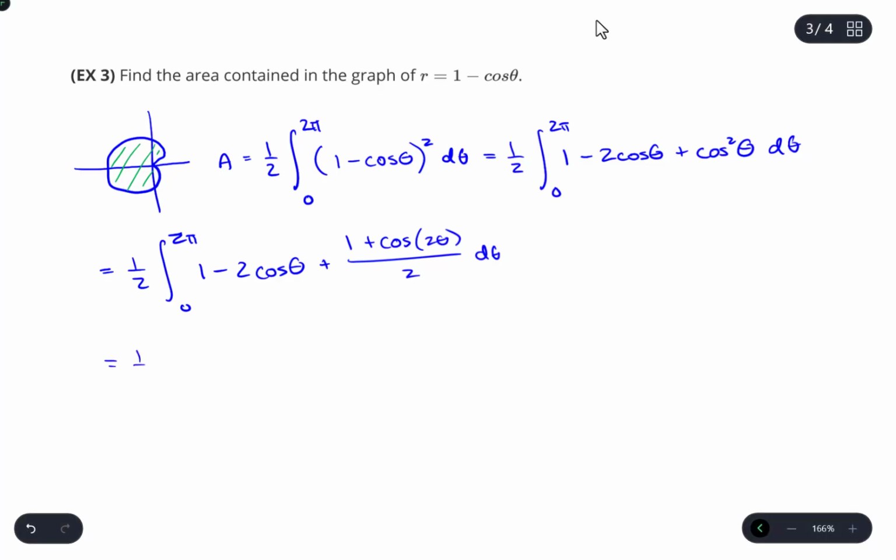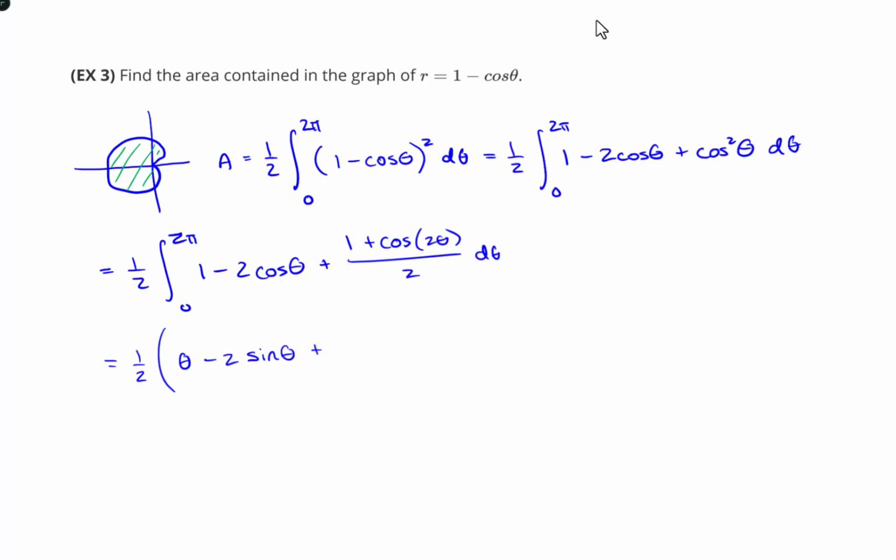So I have 1/2 times this whole thing. The integral of the first term is just theta. The integral of the second would be -2 sine theta. And then I have a factor of 1/2, which I'm going to pull out and take care of in a moment.